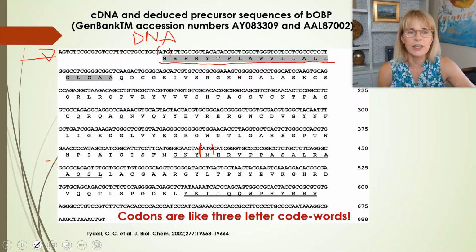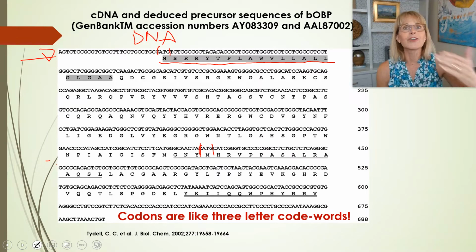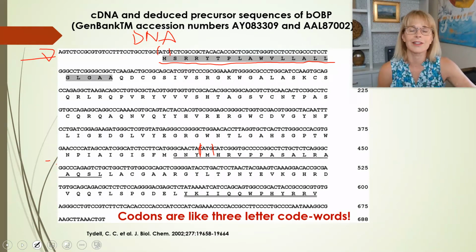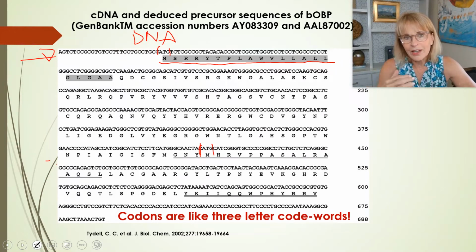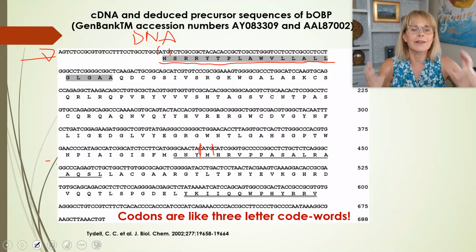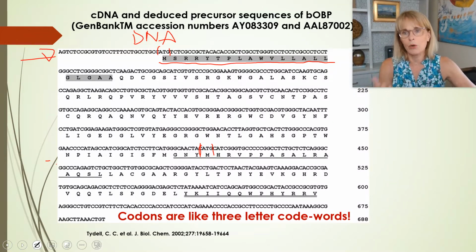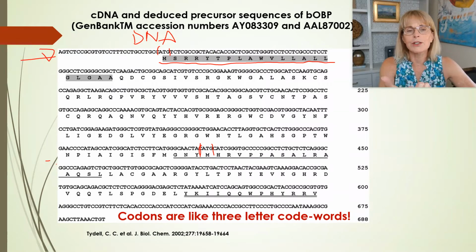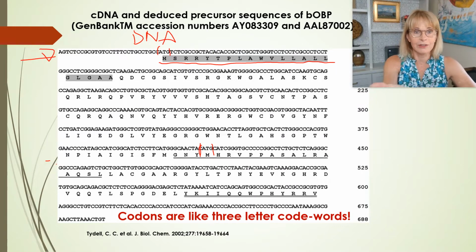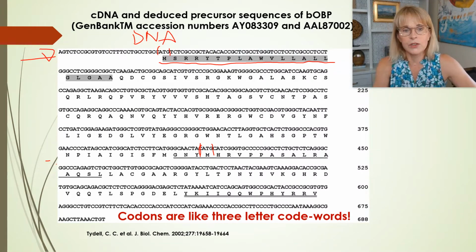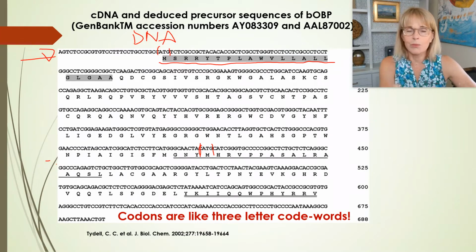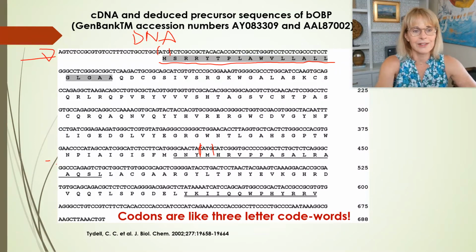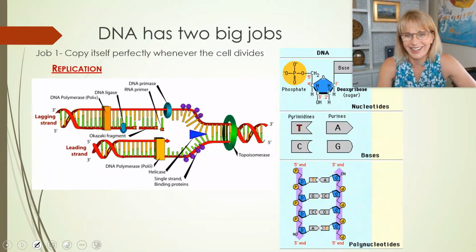A's, T's, and C's, that's all in code. It's in the code of nucleotides. And underneath it, we have got the decoded protein. And this is the primary structure, the amino acid sequence of the protein that I discovered. See, there I am.